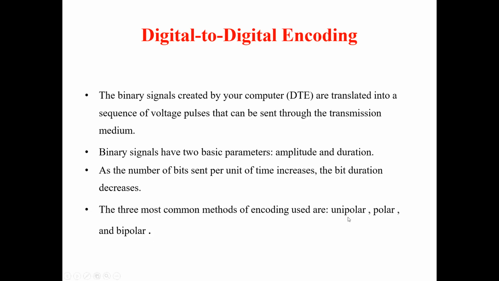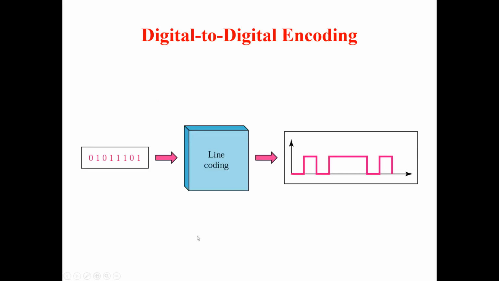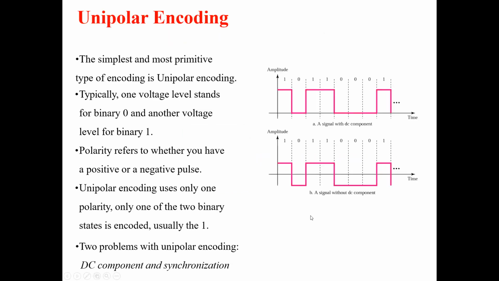So we will see unipolar, polar, and bipolar. This is line coding; digital to digital is also called line coding. High voltages are there, which show that first is 0, then 1, then blank, then 1. Like this, we are transferring the signals.